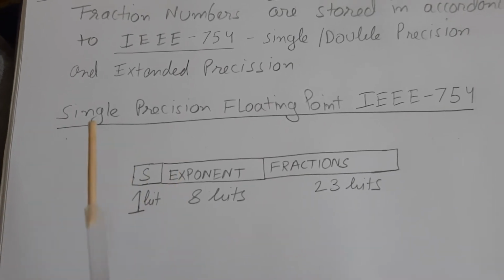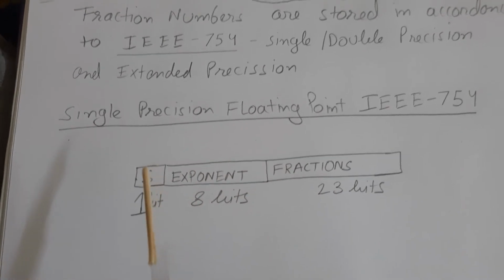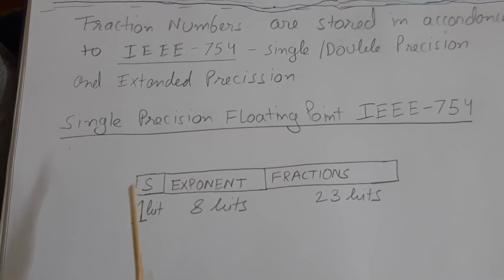So the single precision floating point IEEE 754 uses a total of 32 bits for storing this number.